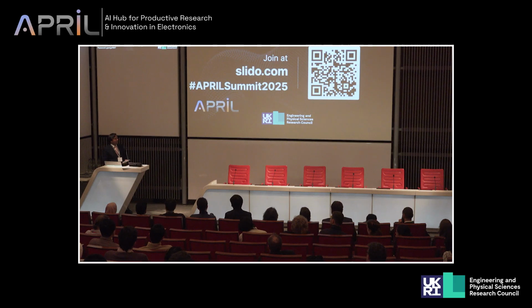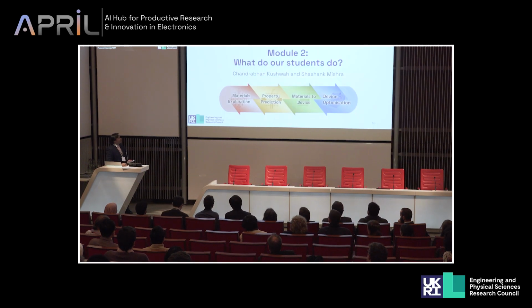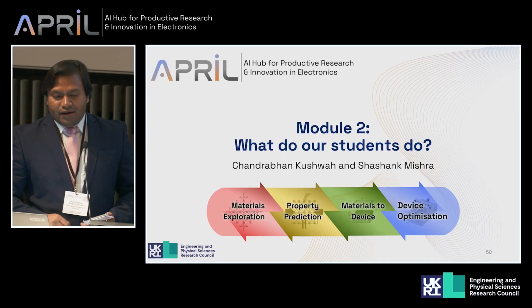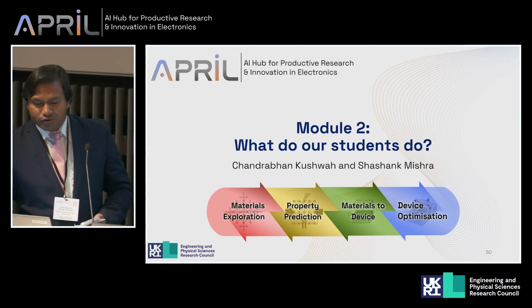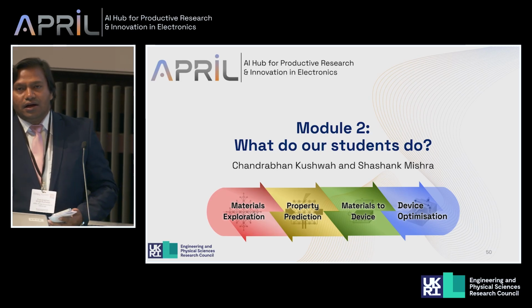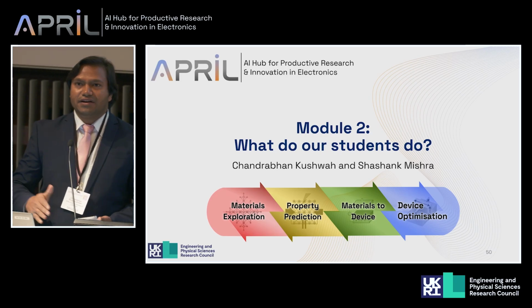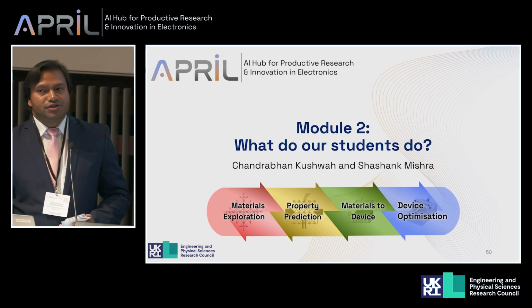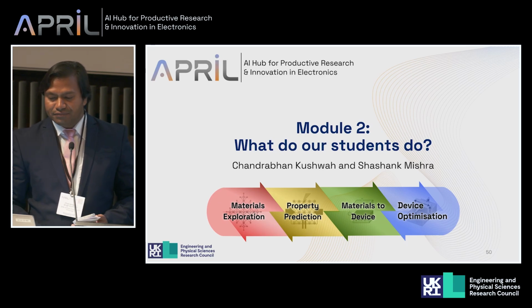So now we are moving towards the second module of this session. This is about showcasing our Google DeepMind research-ready internship projects. Here we also follow the same structure: material exploration, property prediction of materials, and device optimization as well. Our research interns have worked very rigorously on that.